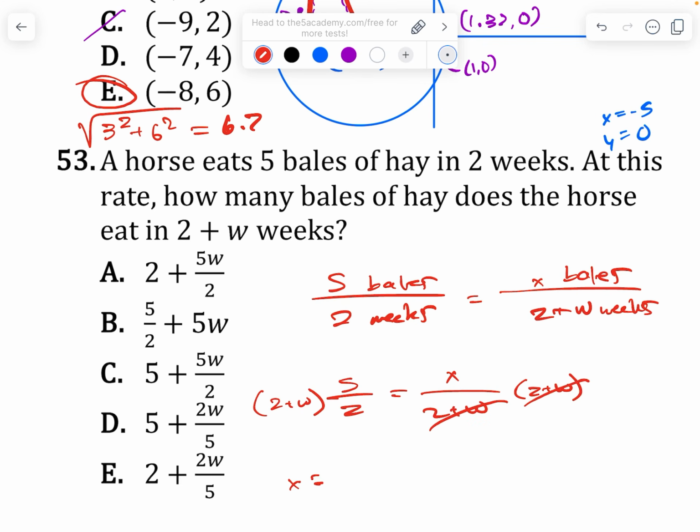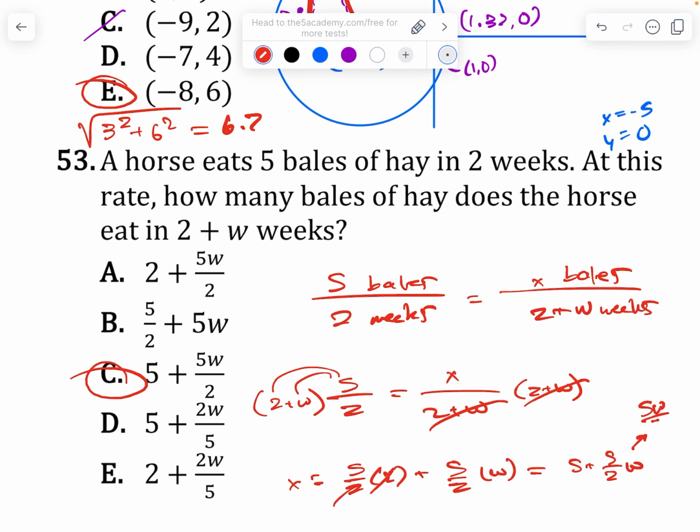X equals, I'm going to distribute: 5 over 2 to 2, and 5 over 2 to W. So 5 over 2 times 2 plus 5 over 2 times W, the 2s cancel. We end up with 5 plus 5 over 2 W. Or you could write this as 5W over 2, right?